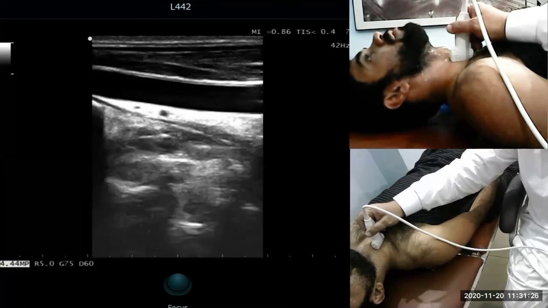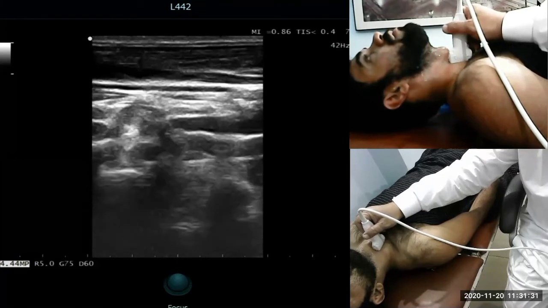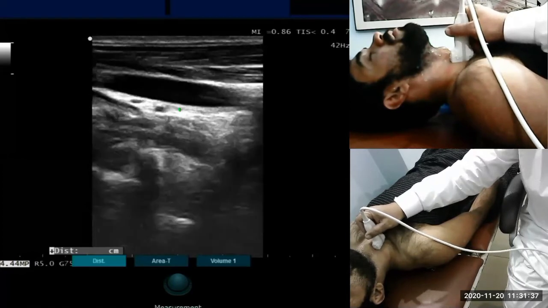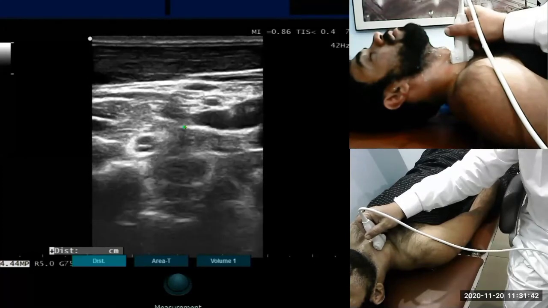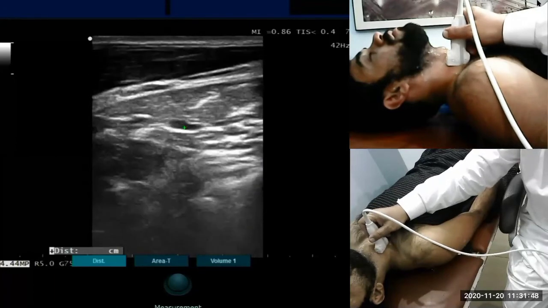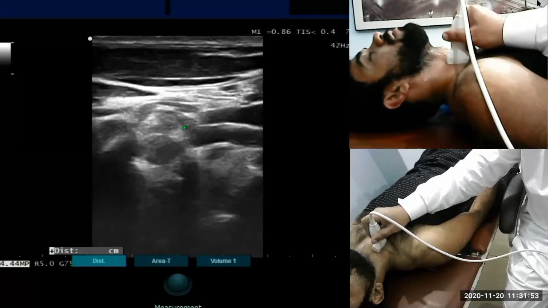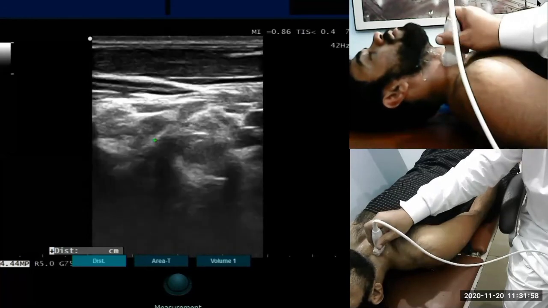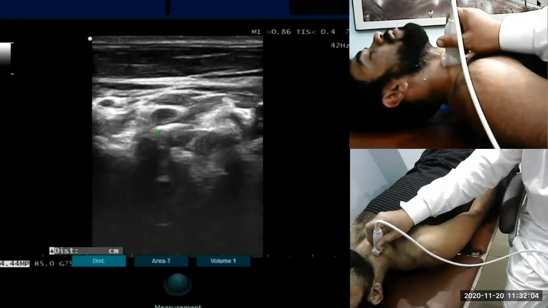we can see on the right side, we tilt the probe to the right side, and we will see now the transverse processes of the vertebral bodies.